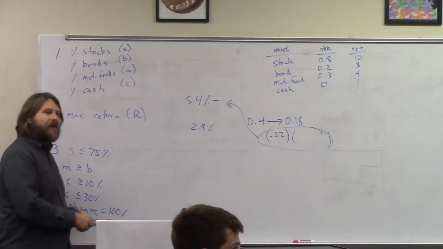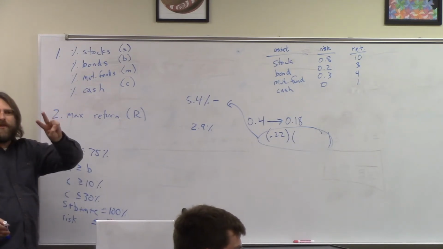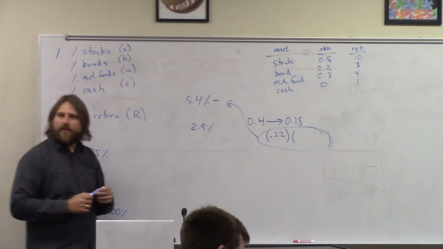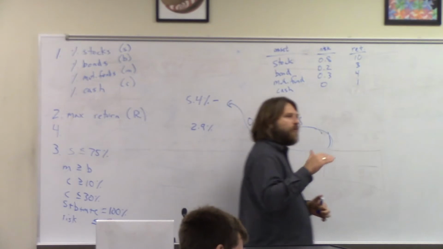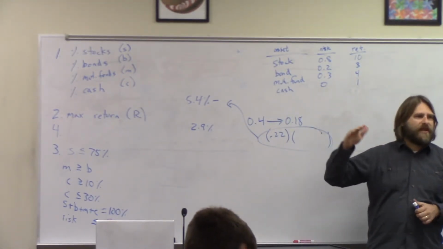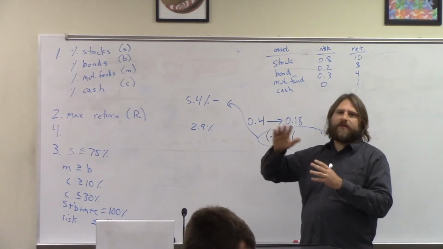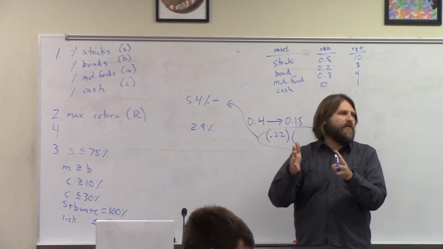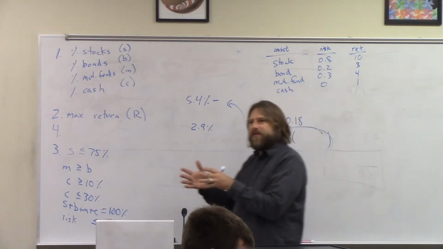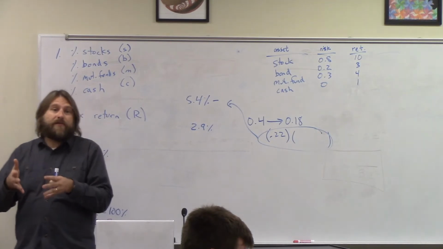But there's something different about this. In the first two examples, if you looked at what the risk was, we had hit that investor's risk tolerance. In the first case, the risk was 0.4, and our solution ended up with a risk value of 0.4. In the second one, our risk tolerance was 0.18, and we came up with something that was 0.18.